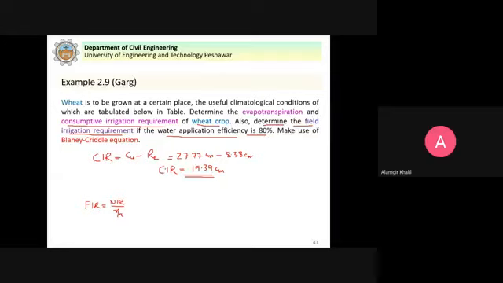Now we have calculated the consumptive irrigation requirement, but here we need the net irrigation requirement. What we can do is consider this NIR, net irrigation requirement, equal to the consumptive irrigation requirement.